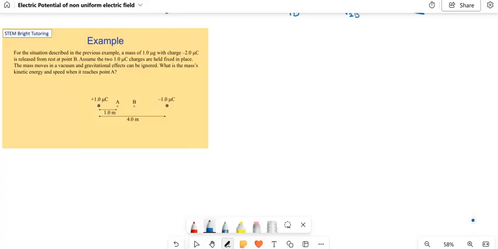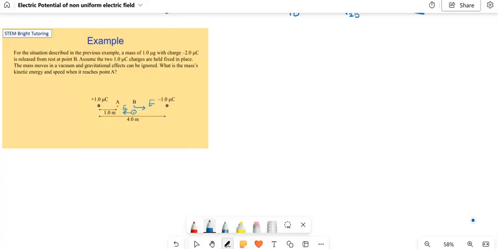Here we have the total electric field, in this direction, that we calculated before, and the negatively charged particle has a tendency to move in the opposite direction of the electric field, from point B to point A.